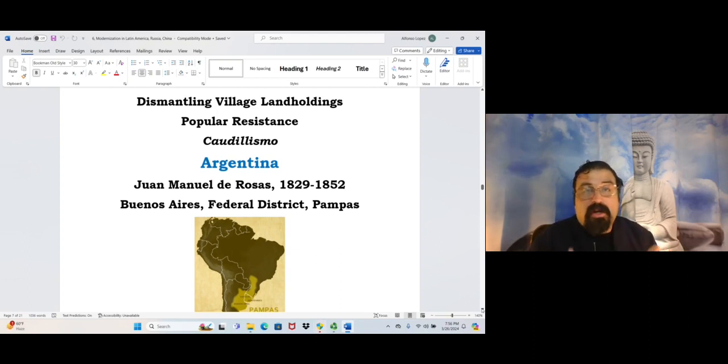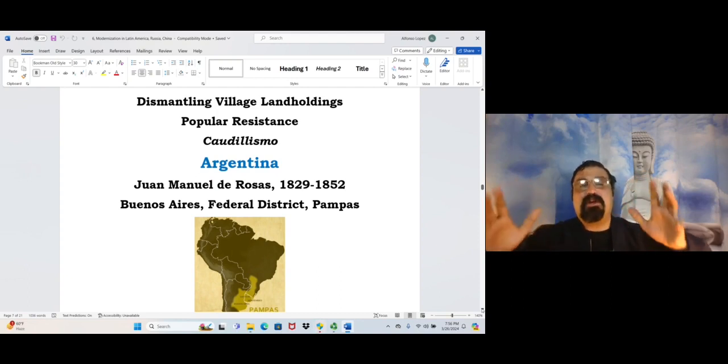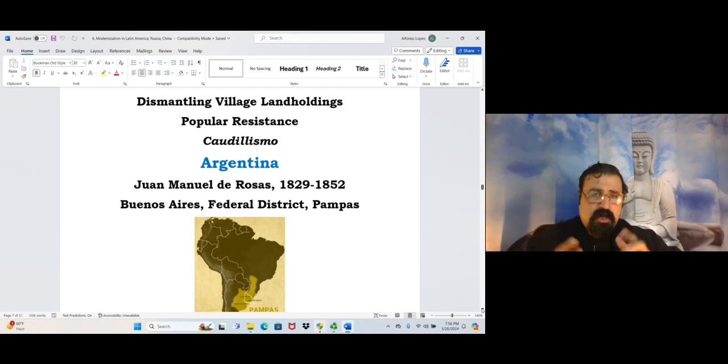Some of them are conservative, some might be liberal. It really didn't matter. What the masses wanted was a strong man that will protect their lands, their livelihood, and their traditions. So this is a phenomenon during this first wave of modernization in Latin America.